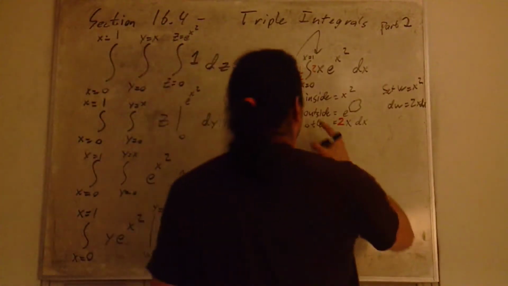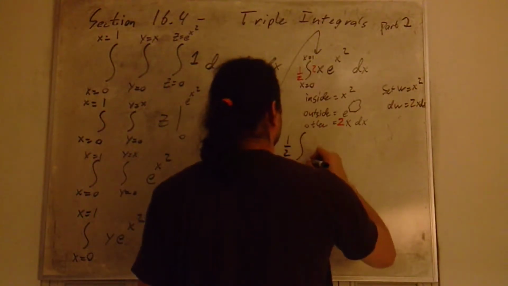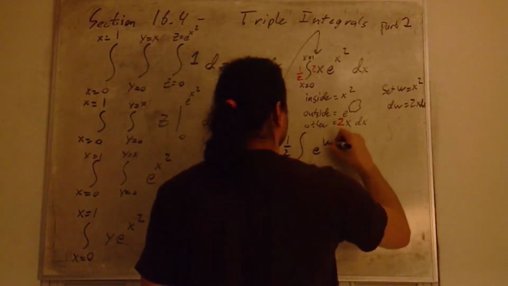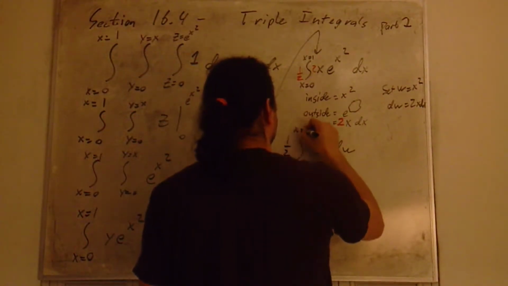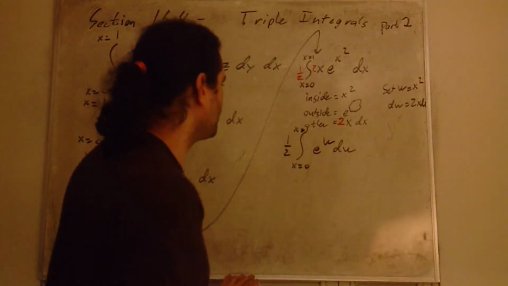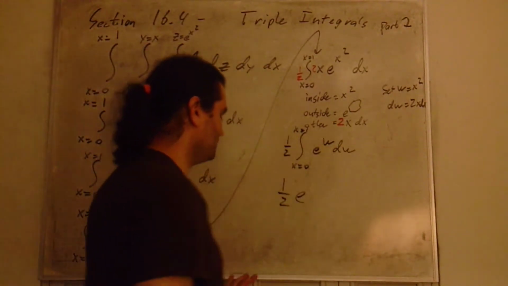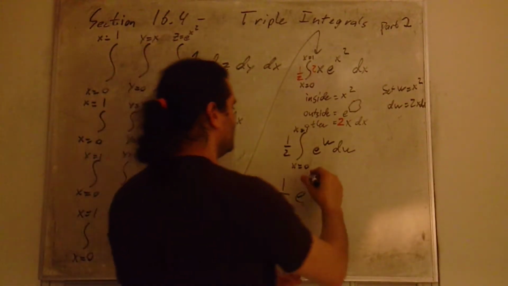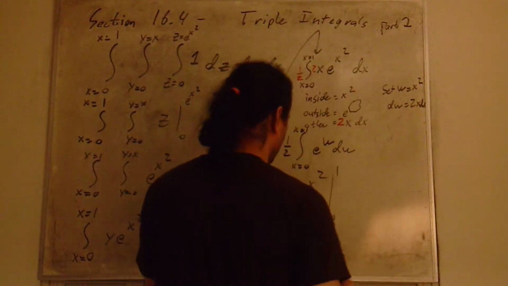And I can call this 1/2 the integral of e to the w dw. This is still x going from 0 to 1. So this is 1/2 the integral of e to the w, obviously just e to the w, which is e to the x squared, evaluated at 0 and 1.